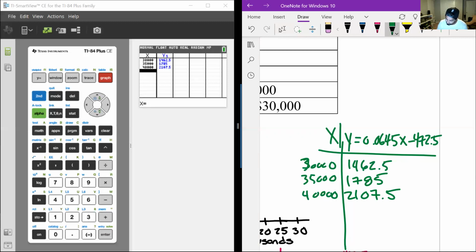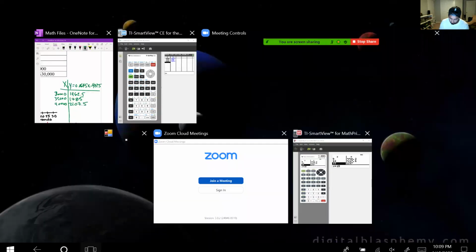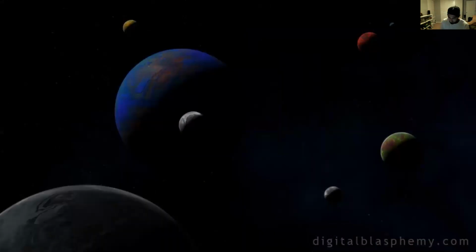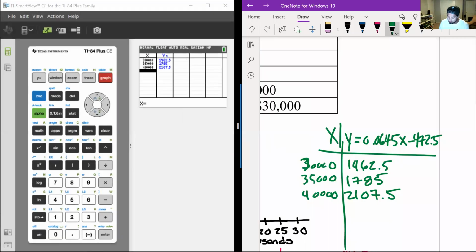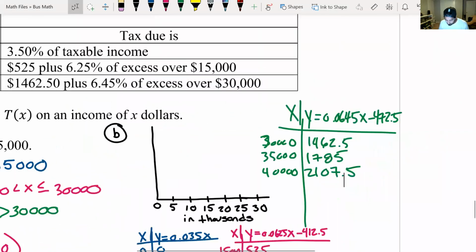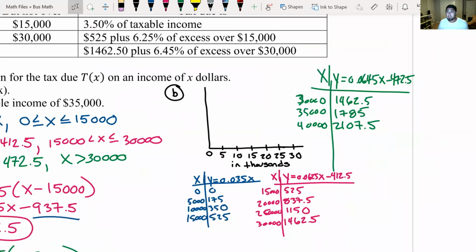Okay. There you are. Okay. So looking at my Y values from all three charts, I have 0, 175, and so on.